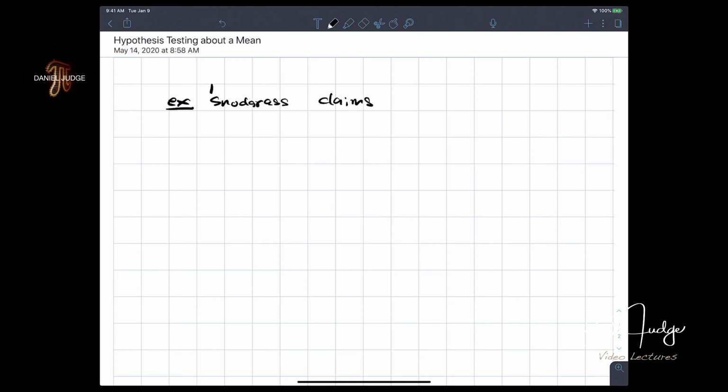Professor Snodgrass claims the mean age of college students is 25 years of age. It's simply saying 25 years, okay? And this is Professor Snodgrass.